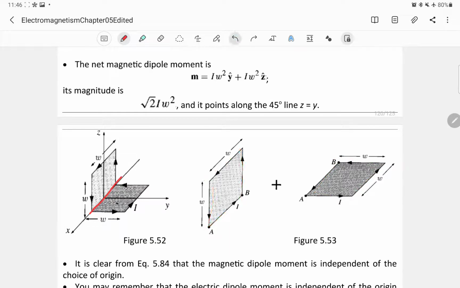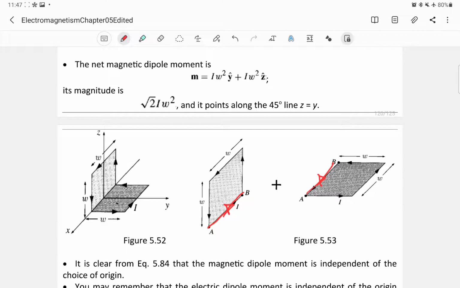And look at this, there's no current here, but if you divide them, you have current going this way and a current going this way, so it just cancels if you join them together, but separately of course they have current.